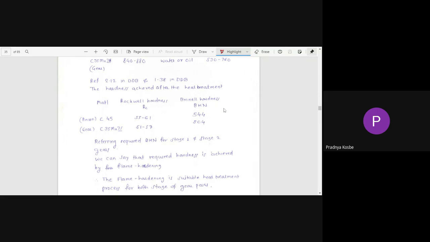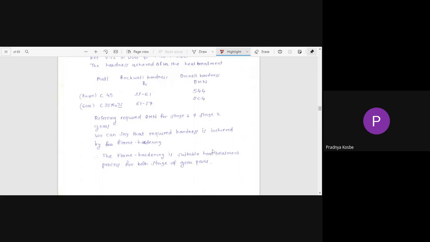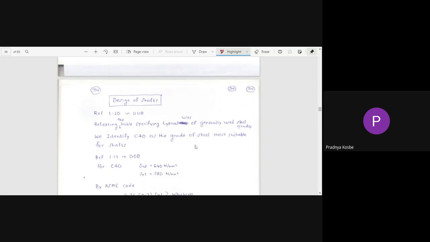So 544 is greater than 385 and 504 is greater than 425. So the hardness should be minimum equal to the calculated hardness or greater than that. So it is achieved by the heat treatment. So we can say that the required hardness is achieved by flame hardening. So flame hardening is a suitable heat treatment process for both stages of gear pairs.